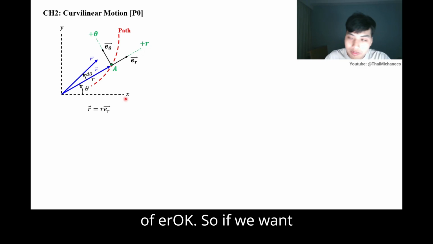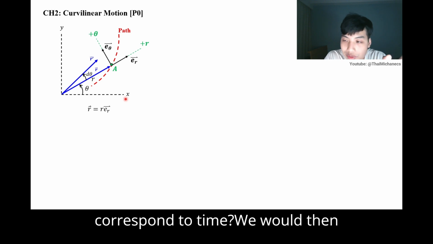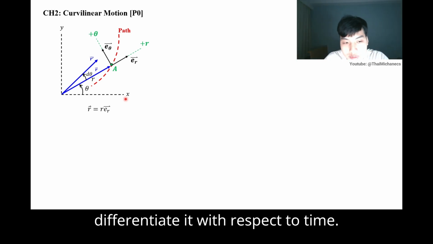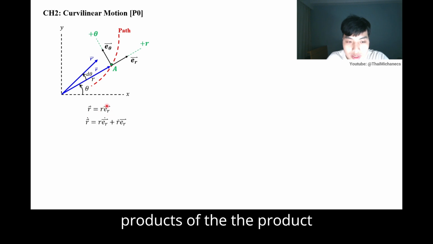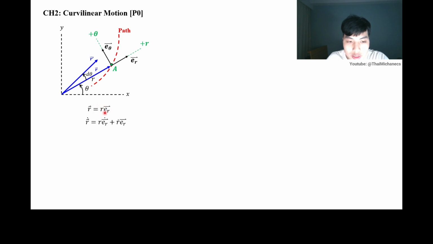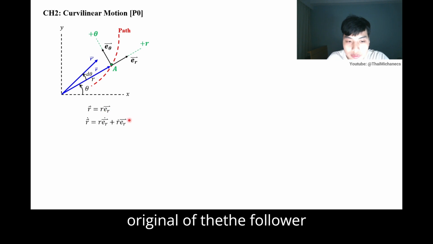Okay, so if we want to know the change in this vector, how would it change with respect to time? We would differentiate it with respect to time. Then we get r dot, equal to the product rule for two parameters multiplied together: the front one differentiated times the follower one, plus the front one times the differentiated follower.